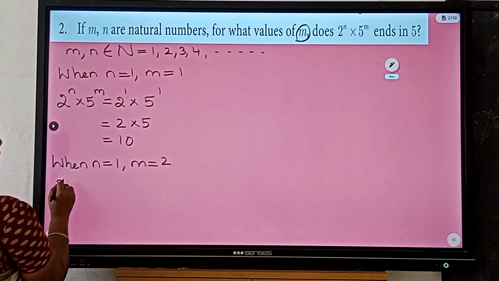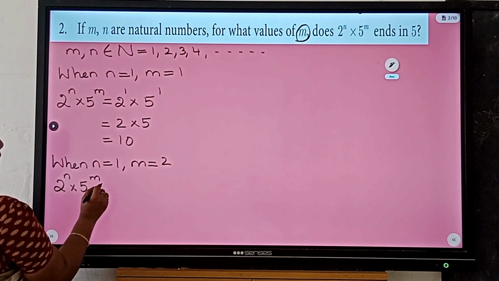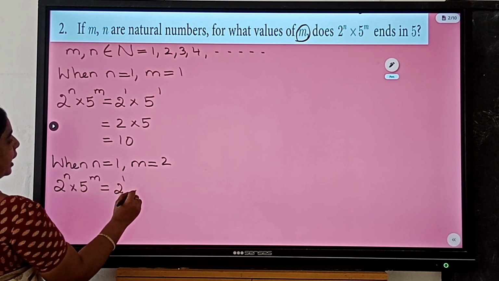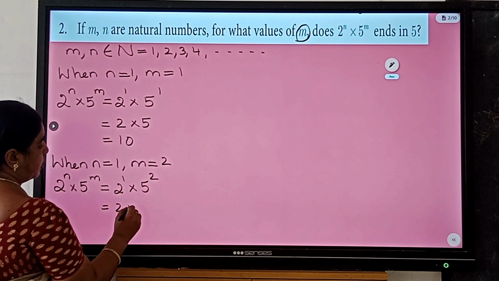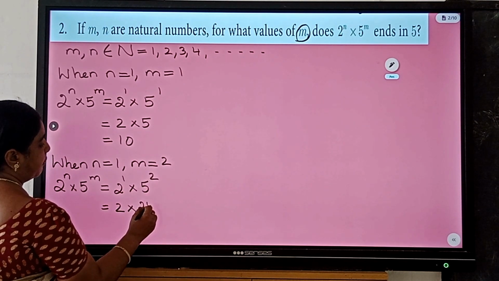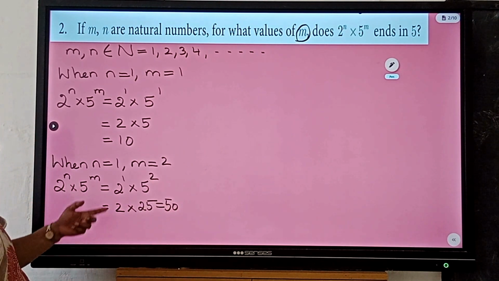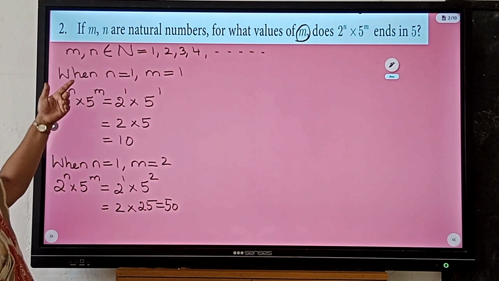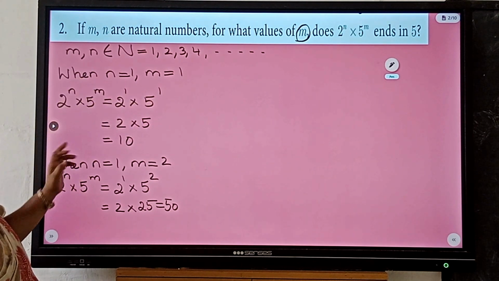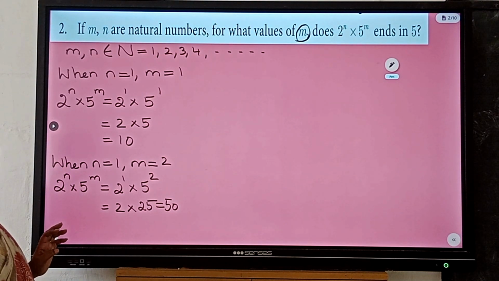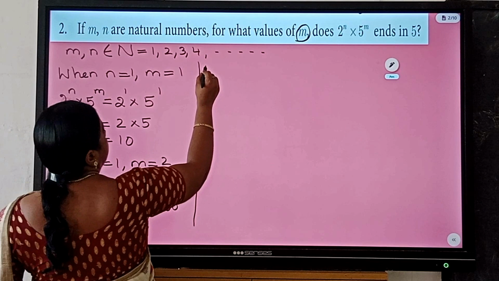So 2 power n into 5 power m means 2 power 1 and 5 power 2. 2 into 25 will be 50. Again, I can see that it is not ending in 5.